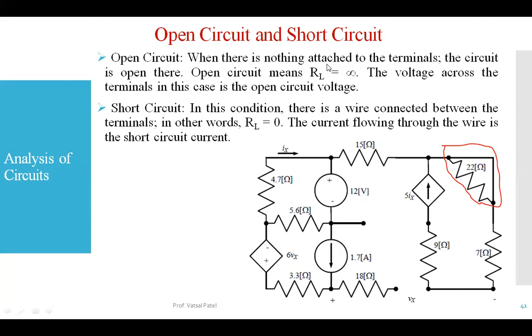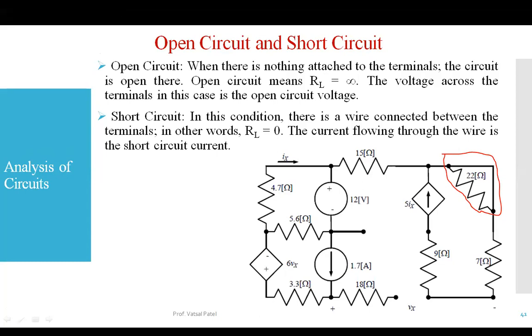So this case represents that if you have a 22 ohm resistance, and across it a short circuit wire, the current will try to flow in that short circuit wire only because it has the lowest resistance value. I think now all of you understand. So that is the short circuit case.